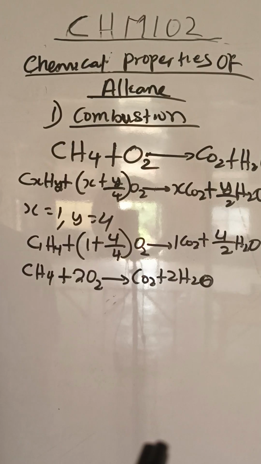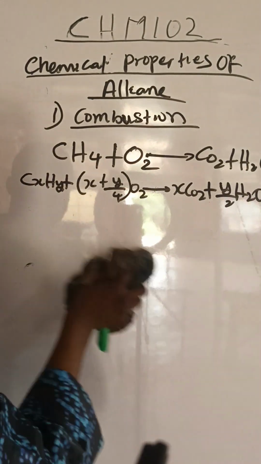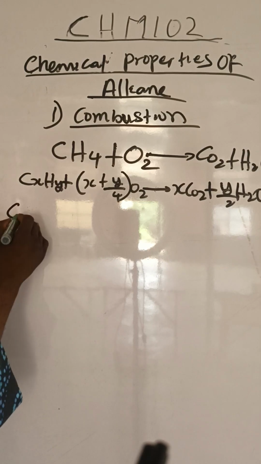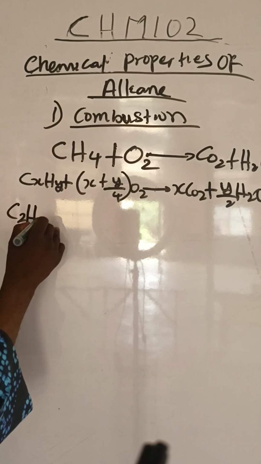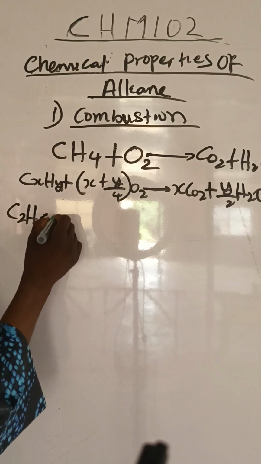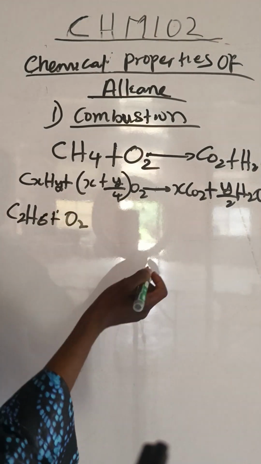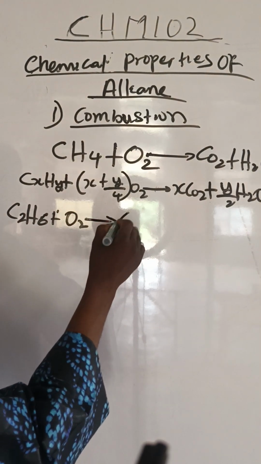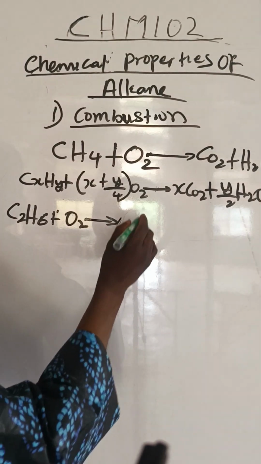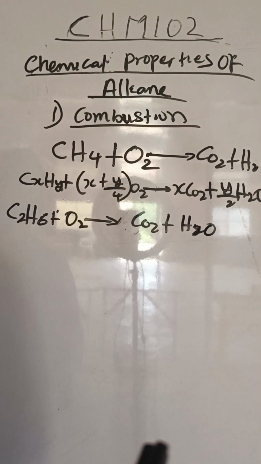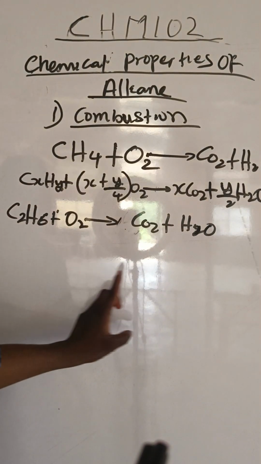So if I want to do it for ethane, I want to write the combustion reaction for ethane. Ethane contains 2 carbon. That will be C2H6 plus oxygen gas. I used excess of oxygen, then what will it give us? It will give me CO2 plus H2O. Now, you can see that the reaction is not balanced.